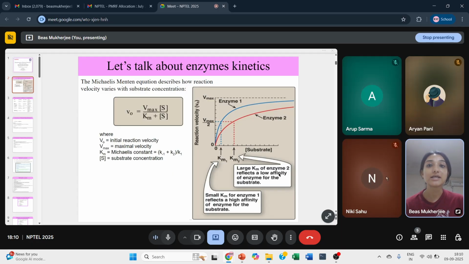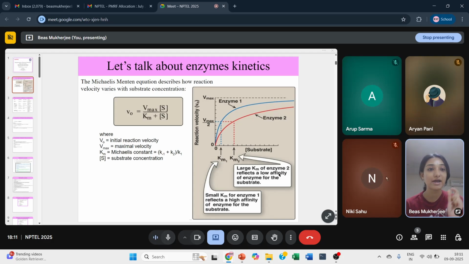Okay, so the Michaelis-Menten equation describes how reaction velocity varies with substrate concentration. You know the equation is V naught is equal to Vmax into S divided by Km plus substrate concentration, and V naught is the initial reaction velocity and Vmax is the maximal velocity of the reaction.